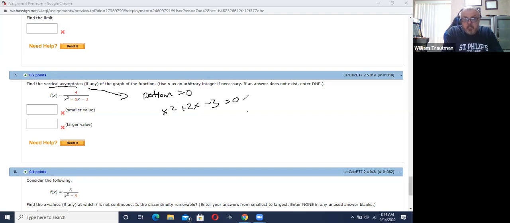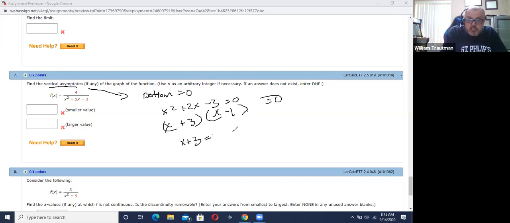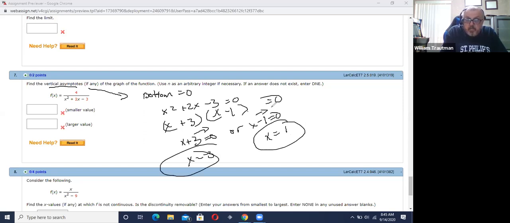So vertical asymptotes are when the bottom of this fraction equals 0. And if I factor this, I get x plus 3 times x minus 1. You got to be able to factor it correctly. So x plus 3 equals 0, or x minus 1 equals 0. Take the 3 to the other side, take the 1 to the other side. X equals negative 3, and x equals positive 1. These are the two asymptotes.